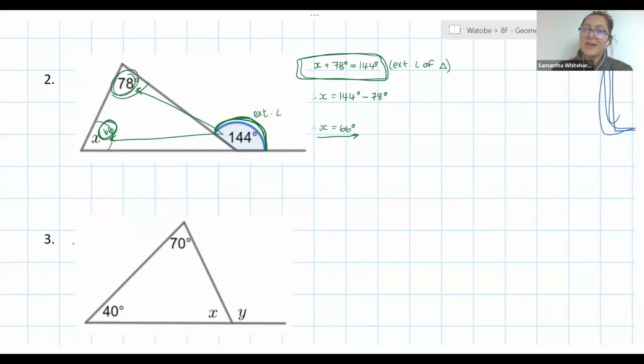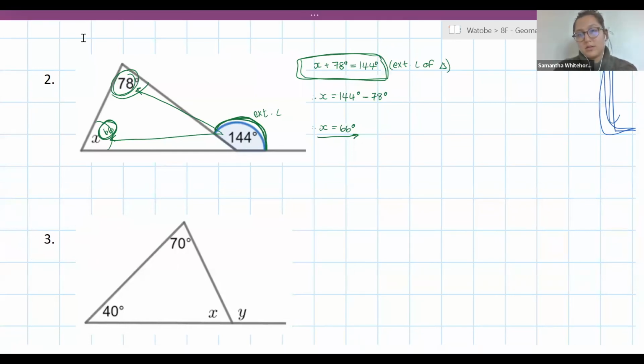Okay, Nompumelelo, I'm listening. Ma'am, how did you get the 66? I know you subtracted 144 with 78 degrees, and then what my teacher told us is to do another way.